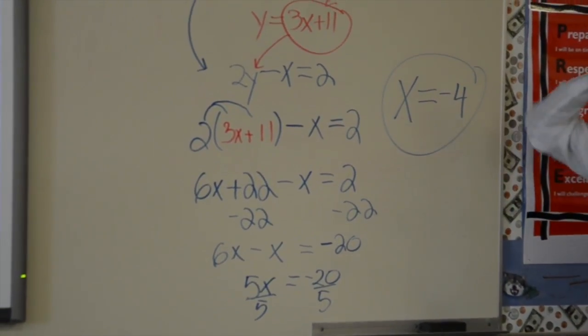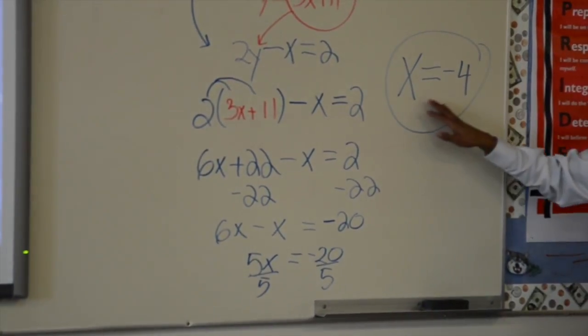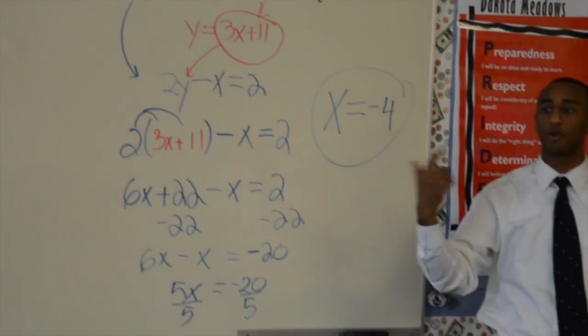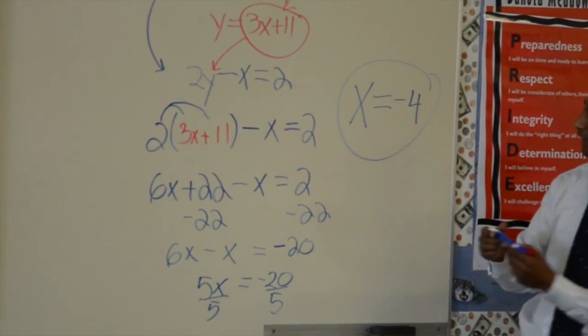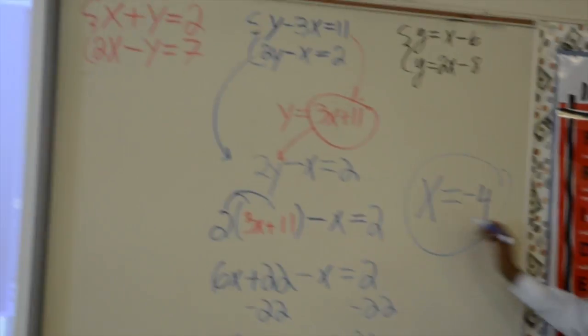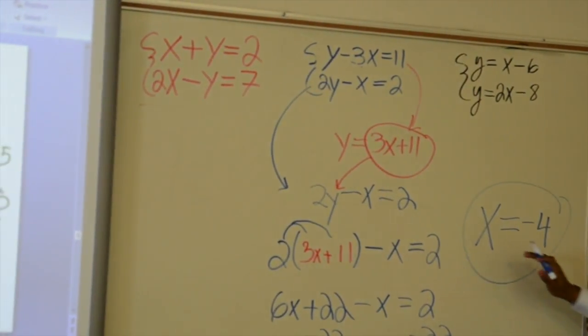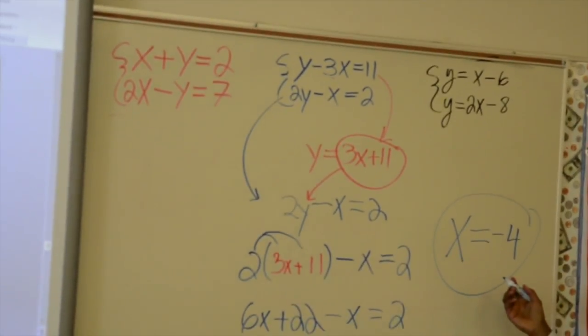Anyway, so we got our x to be negative 4, right? How do we determine our y value? Yeah, we just plug it in or we substitute again. Where do we substitute? Yeah, we substitute for x because x is equal to negative 4. So we can do it either here or here, just wherever is easier. Right?